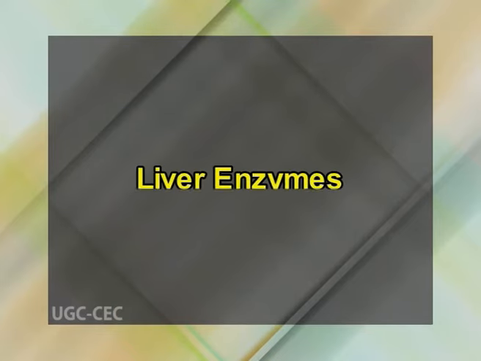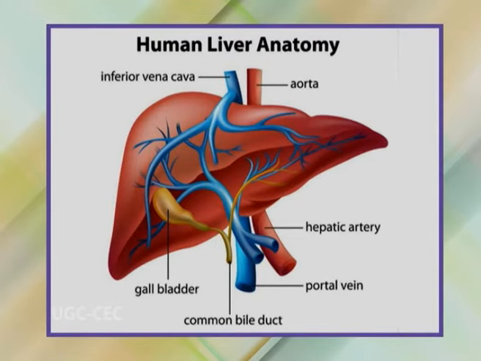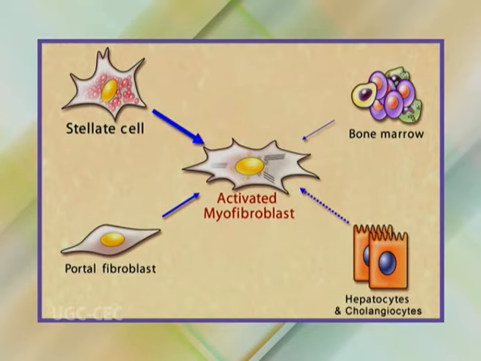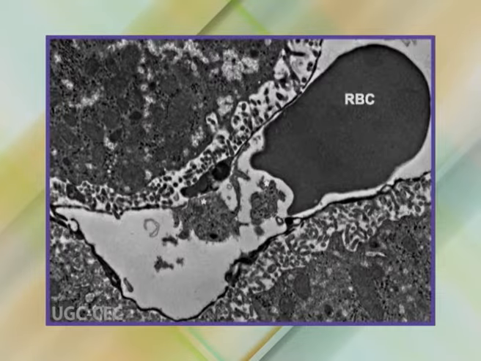Now, students, we will study about liver enzymes. Liver enzymes, along with bilirubin, are the most commonly measured parameters in the liver function tests. These enzymes are hepatic in origin and they are leaked into the serum with the destruction of hepatic cells.